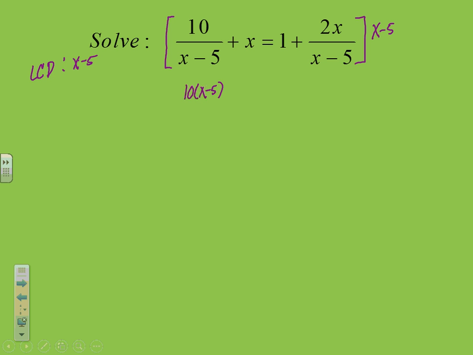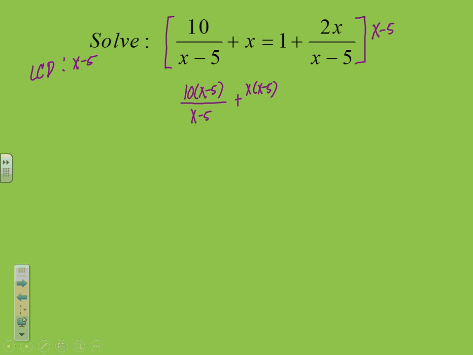And the reason is so that way we can see what we can simplify from top to bottom when I have a common denominator for everything. So that's why I'm not multiplying through in the parentheses and x minus 5 in the bottom. And so here, plus this x gets multiplied to the x minus 5, so that's going to give me x times x minus 5.